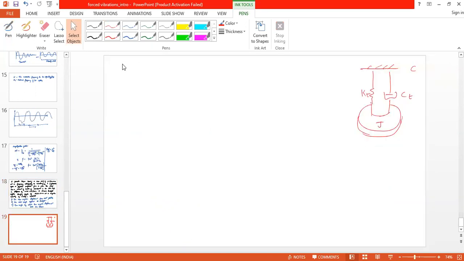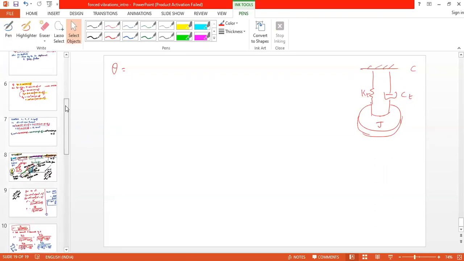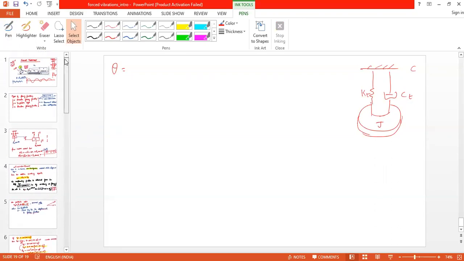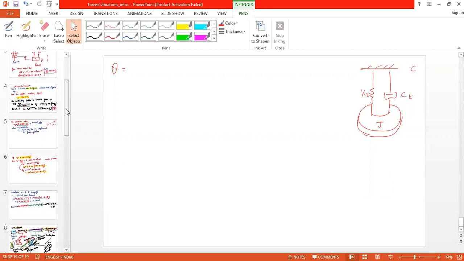We need to find the maximum angular displacement, that is theta, and the maximum damping couple. Can you remember what the damping couple is?